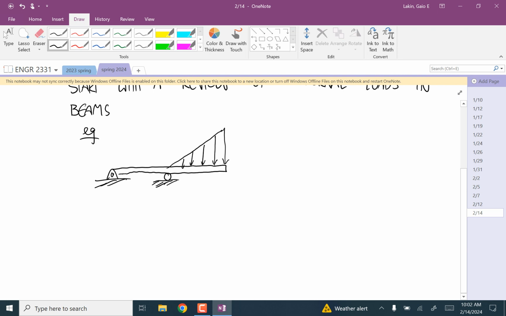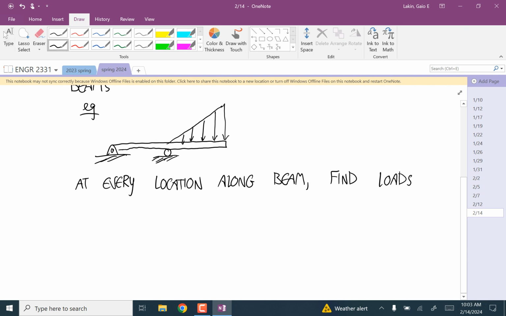And at every location along the beam, we basically find the loads applied to one side of the beam by the other side.